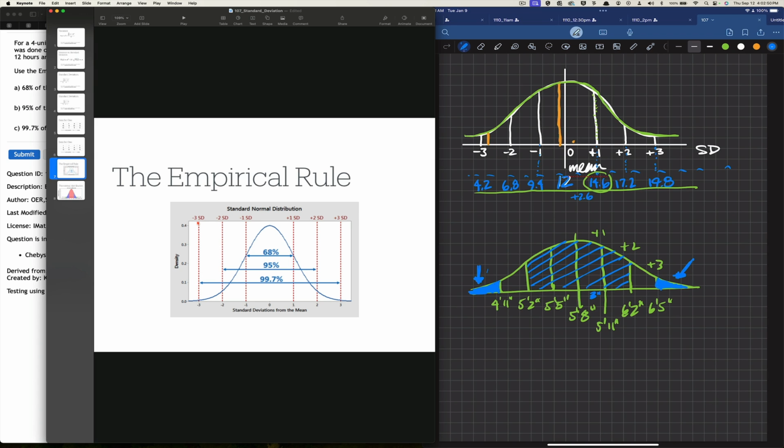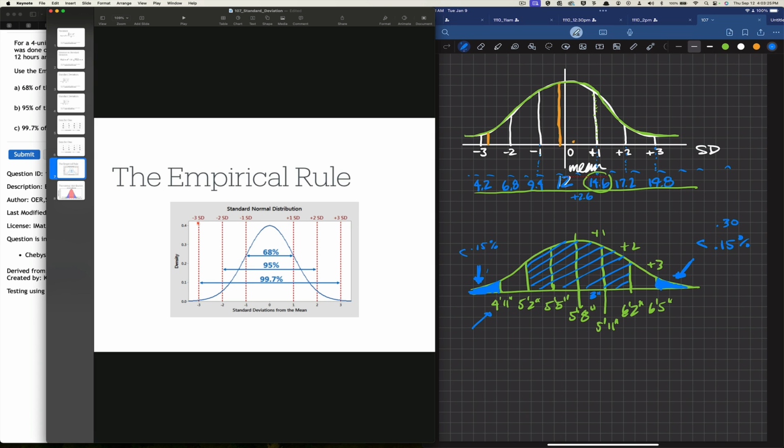99.7. So this represents less than 0.15%. It's not exactly that, but less than 0.15% is less than 4.2, and I shouldn't put the equal sign there.